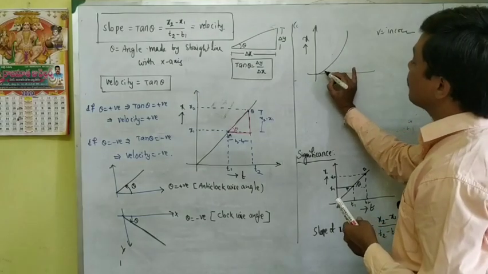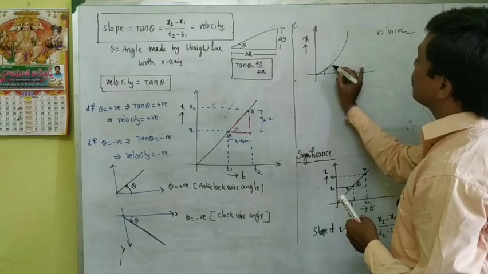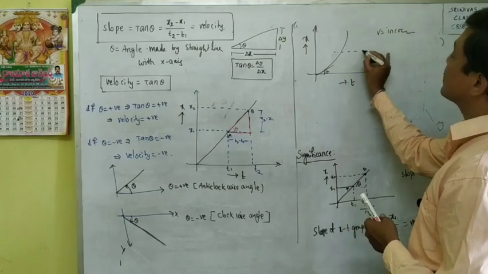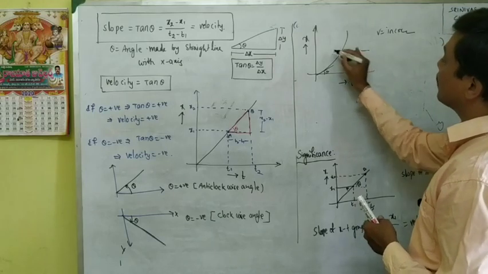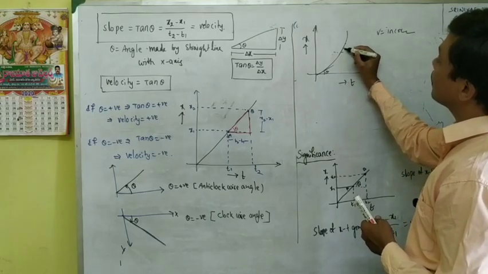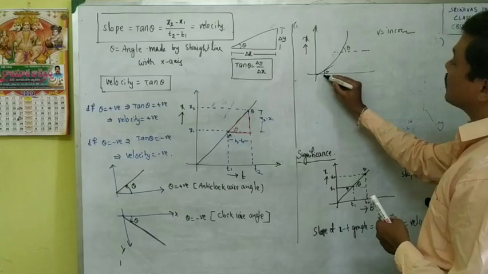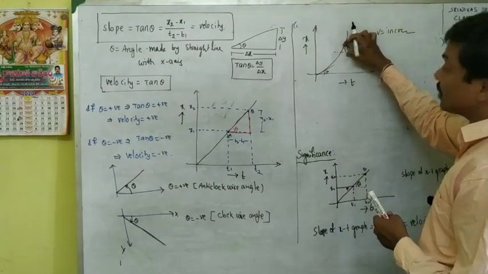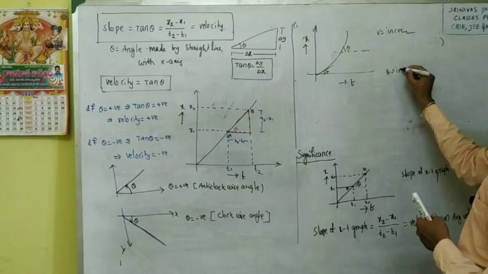For example, here we take the angle theta. Draw a line parallel to the x-axis and take the angle, which is theta. Comparing here to here, this angle is small and this angle is more. That means theta is increasing, right?